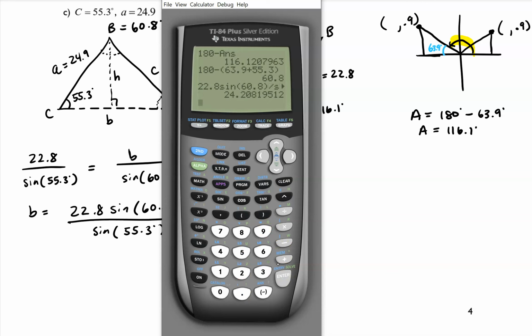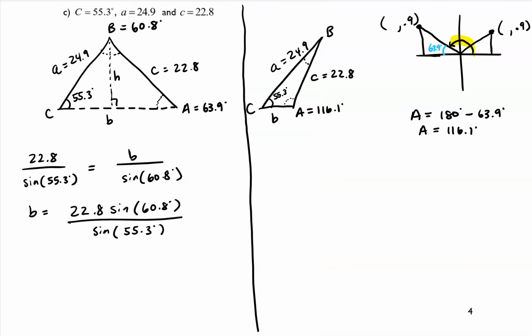Okay, so we get that b is 24.2. And so I'm just going to highlight all of the values that we found. Awesome. So those are our final answers for that first triangle.